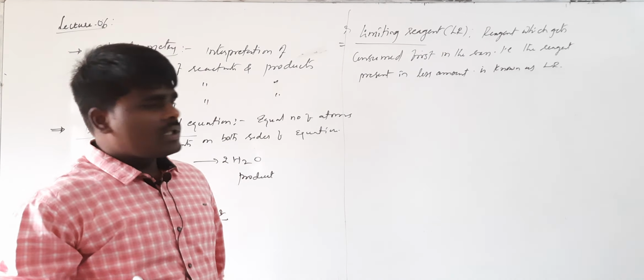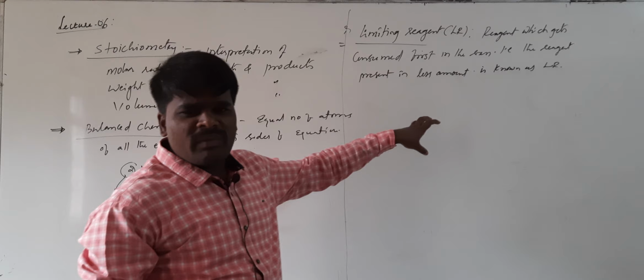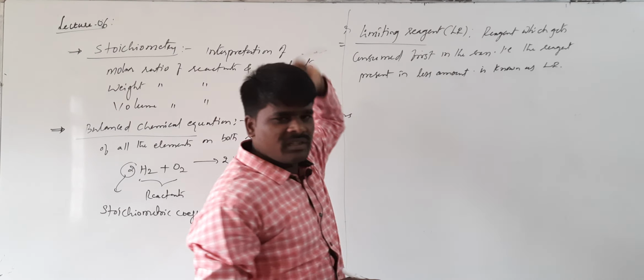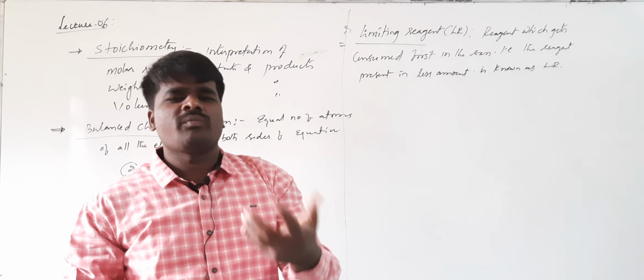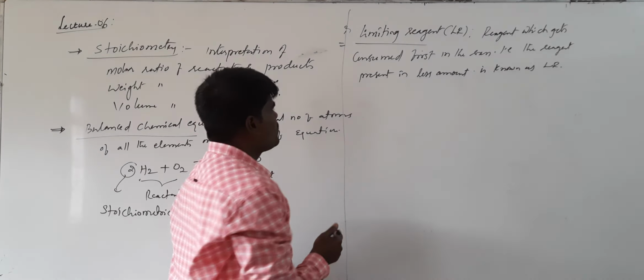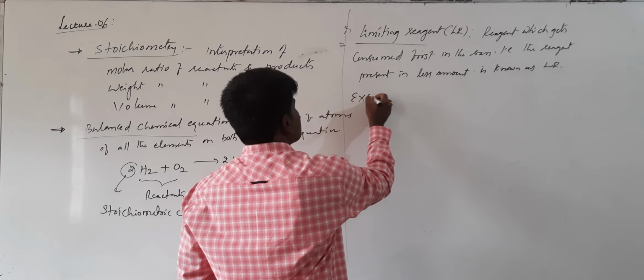The amount of product that is going to be formed in a chemical reaction will be decided by this limiting reagent. Since it is present in smaller amount, it will decide how much product is going to be formed in the reaction. Now the second one is called excess reagent.